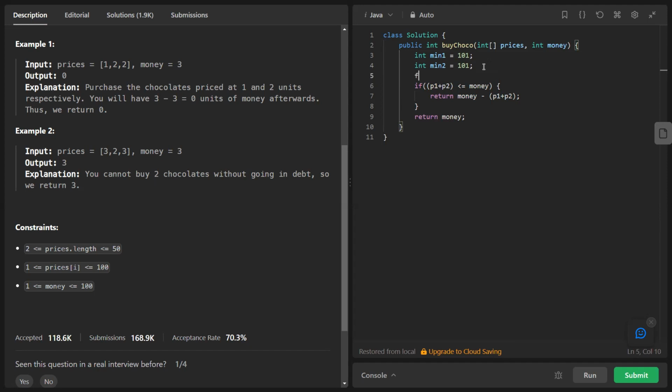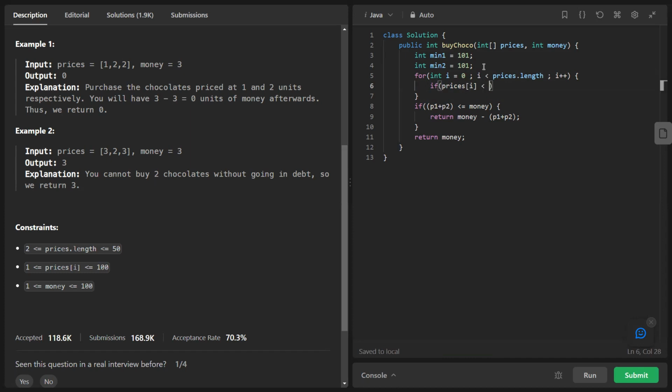Okay, now I will run a for loop from i = 0 to i less than prices dot length, i plus plus, and I will check if my current value, that is prices of i, is less than min1.